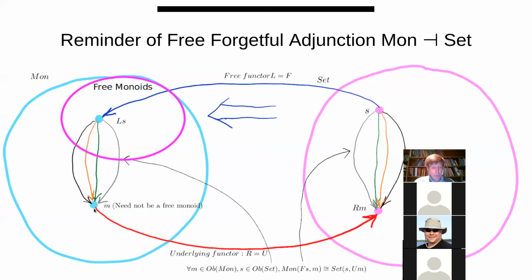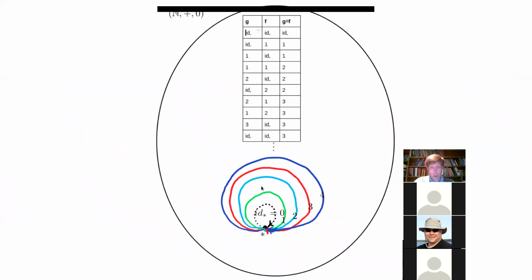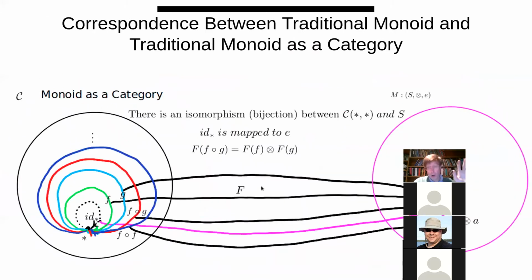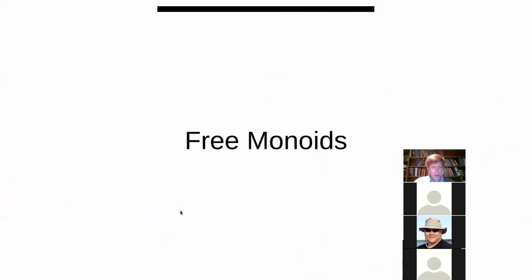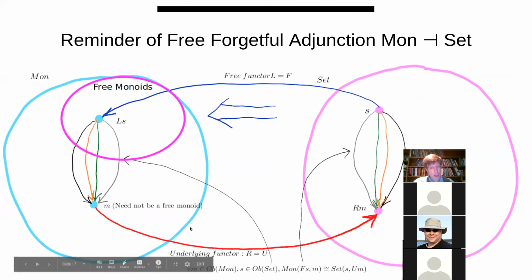So any old monoid is associated with some set. Here we encoded that set in a set of morphisms, but here we're abstracting over how it's encoded. Whether it's encoded in a hom set or whatever internally, it doesn't matter. It has some set as part of the monoid, and we extract that, and that's what RM is. So that's the underlying functor, the forgetful functor.